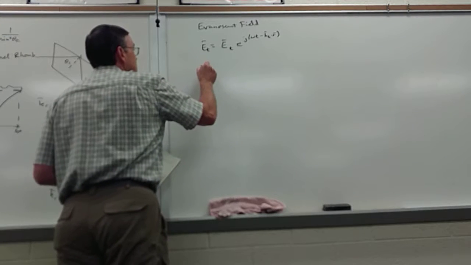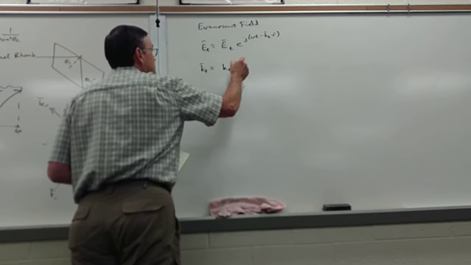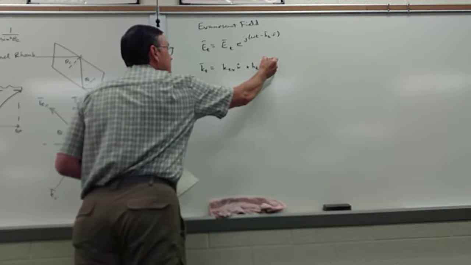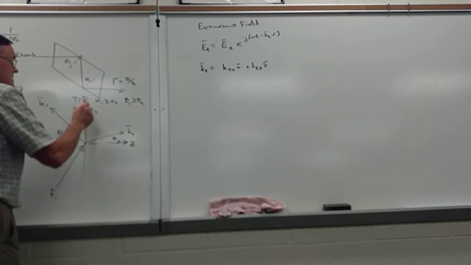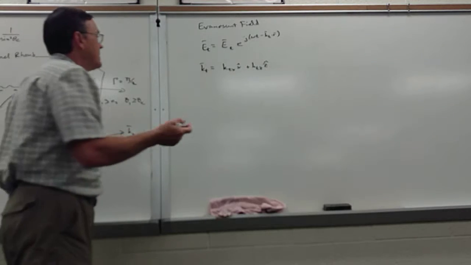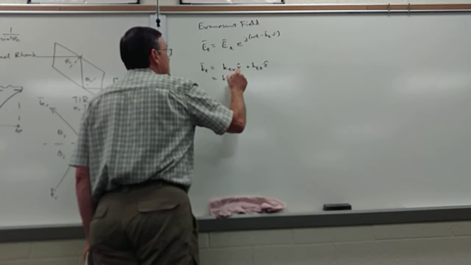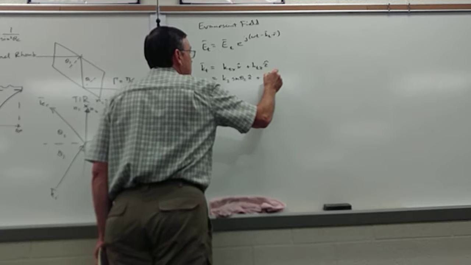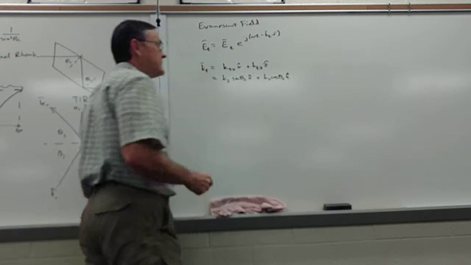And then k sub t is just going to be k sub tx x hat plus k sub tz z hat, because this is our z-axis, this is our x-axis. And we can write that k sub tx is just k2 sine theta 2, and kz is going to be k2 cosine theta 2. Right?